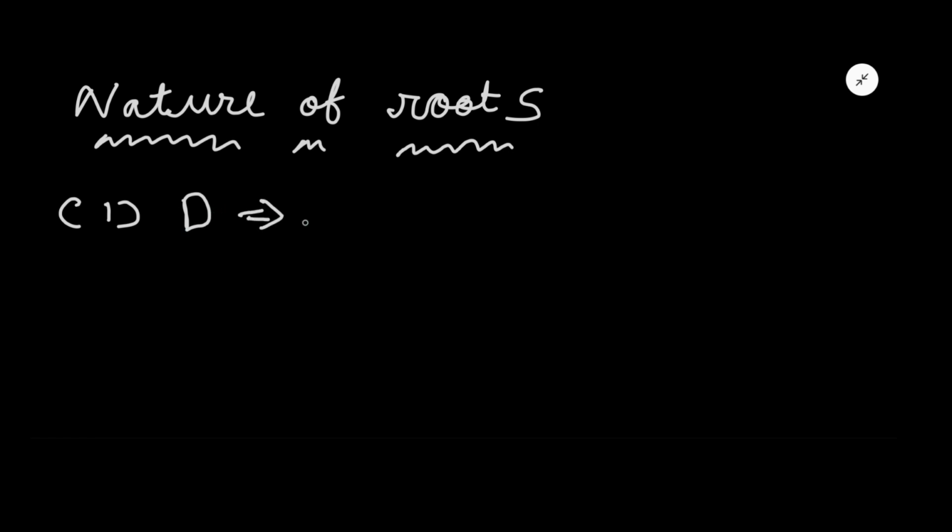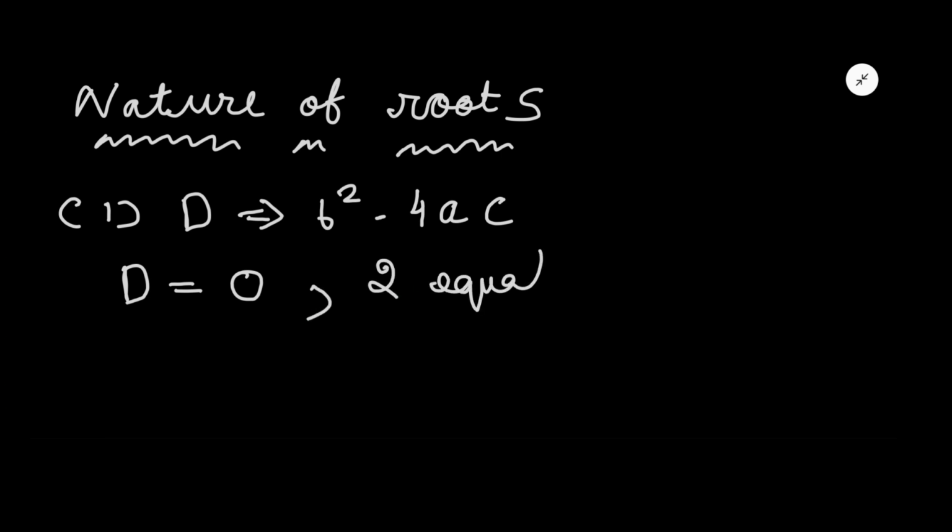So as we know, the formula of d is b square minus 4ac. So if the value of d is equal to 0, then we will have two equal and real roots.